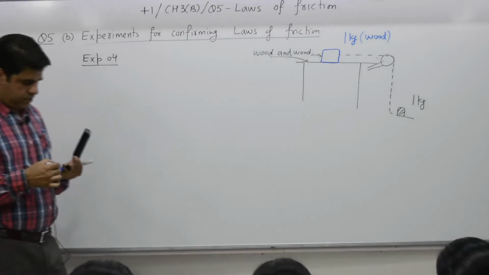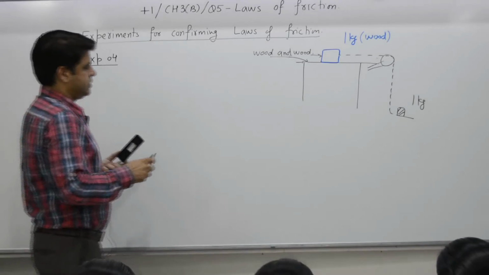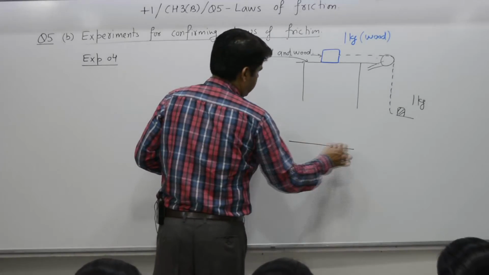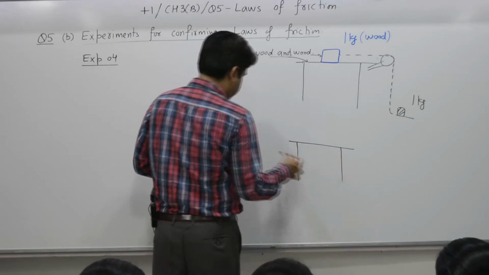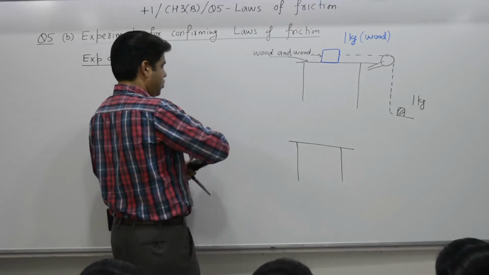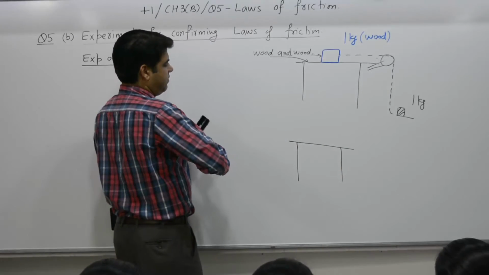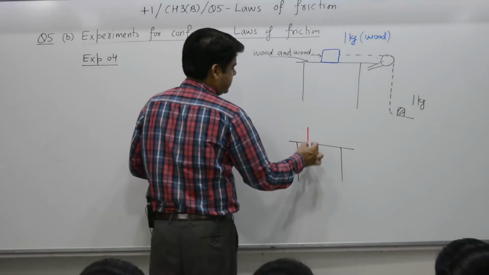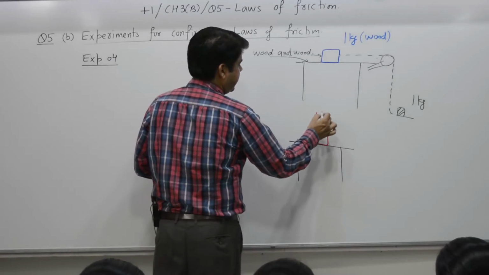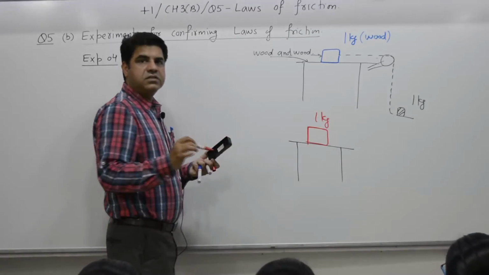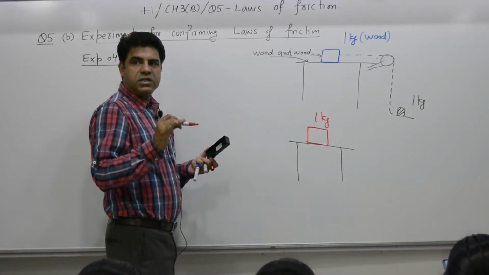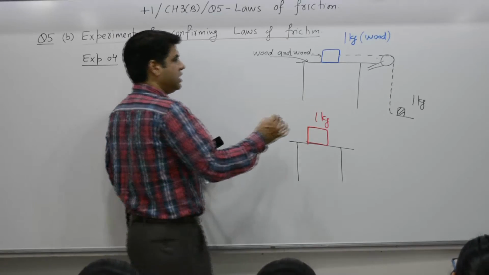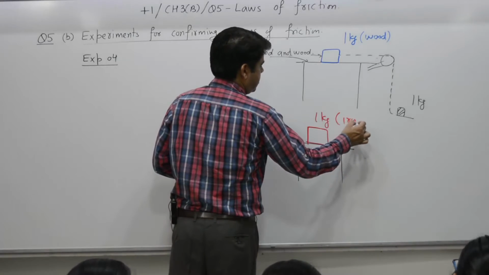Experiment number 2 is, everything remains the same, but you have a different material. It is iron. 1 kg mass remains the same. Normal reaction mg remains the same. Material is different, iron.